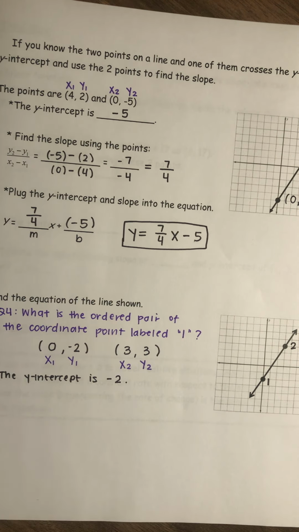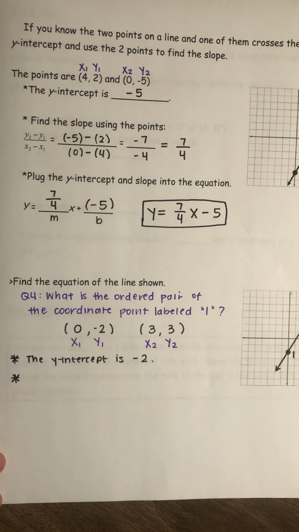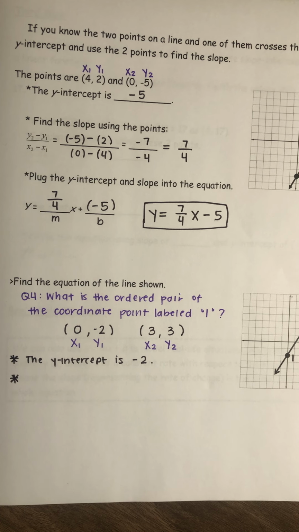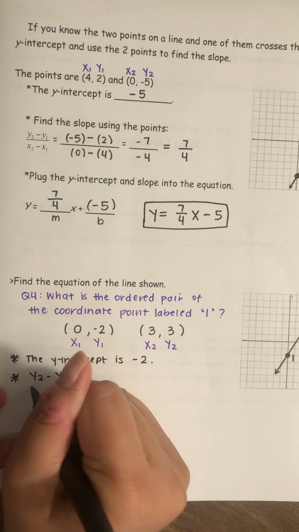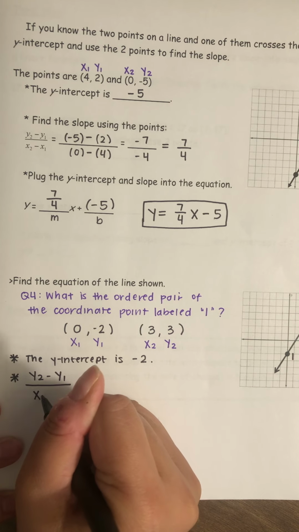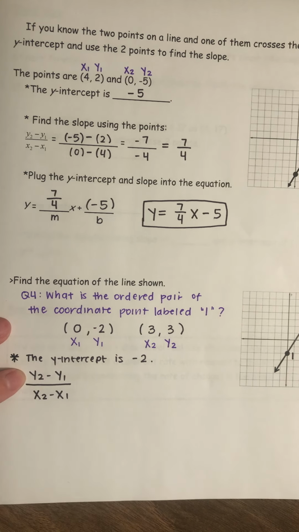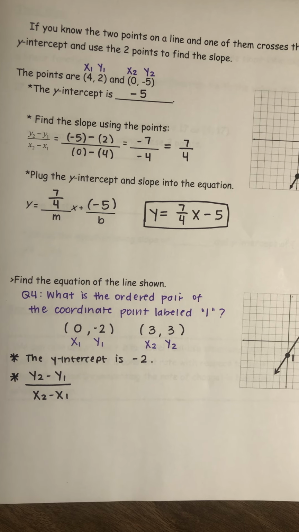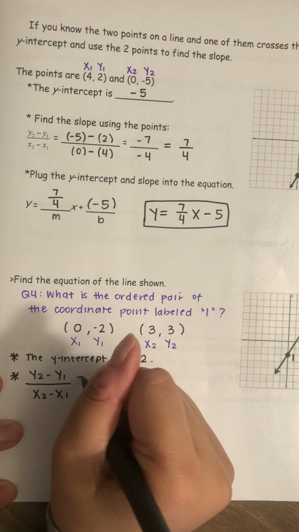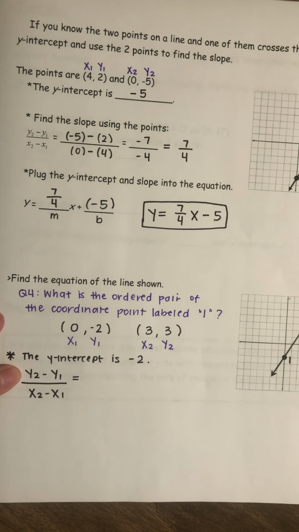We can go ahead and find the slope. And when we're given 2 points, the best way to find the slope is with this formula here, y2 minus y1 over x2 minus x1. And I am just going to plug in those values.